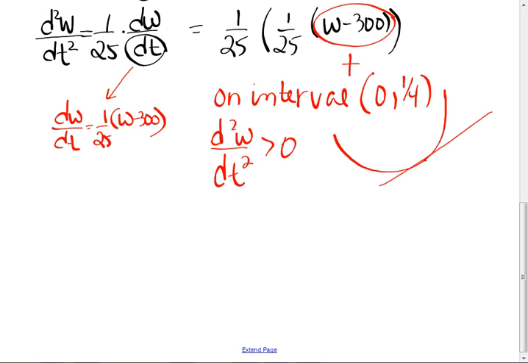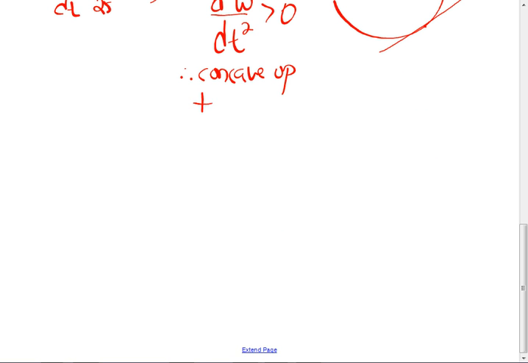You just substitute it right in there. So therefore, the function's concave up. I would probably include a drawing just to make sure the reader knows what I'm talking about. And the tangent line is an underestimate. I don't really have to talk about the fact that it's increasing. That's irrelevant. Just the fact that it's concave up, the tangent line will be an underestimate. Even if it were decreasing over here, the tangent line is still an underestimate.